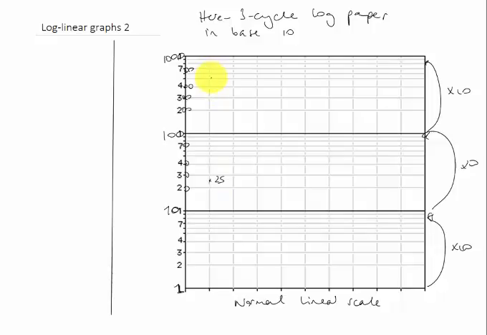If you wanted 400, that would be here. 510, that would be here, etc. So this saves you the trouble of having to calculate the logarithms.